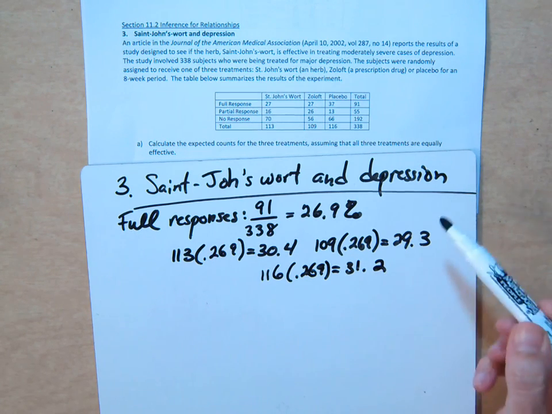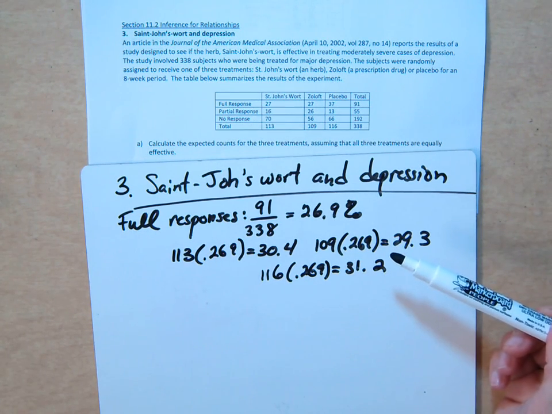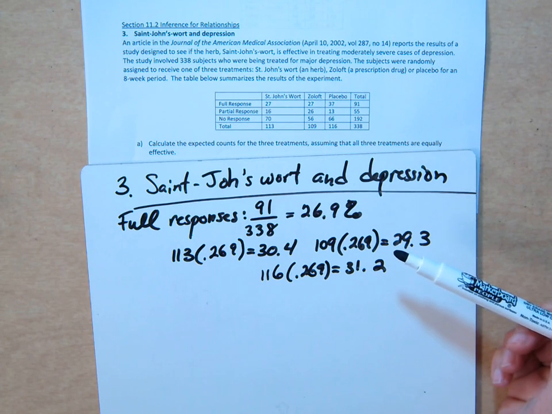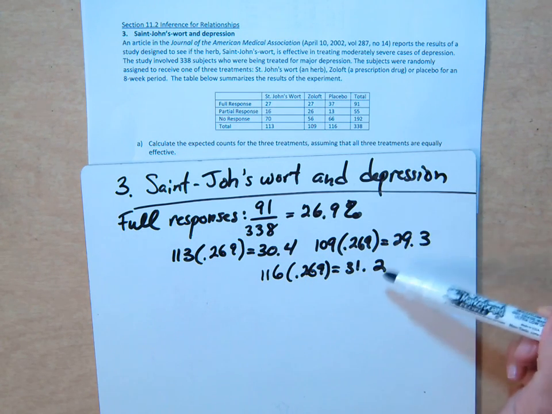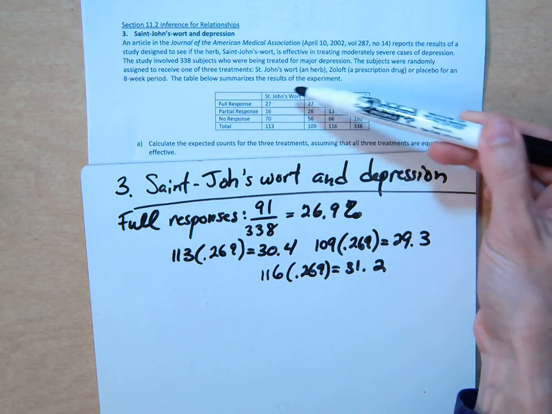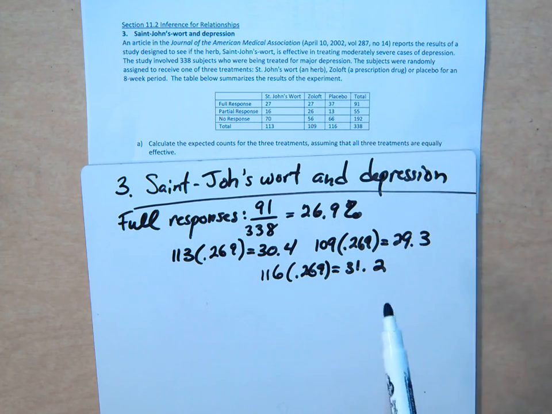So those are our expected counts if each treatment had the same effect. And they're not the same numbers because there's a different number of people that took each treatment.